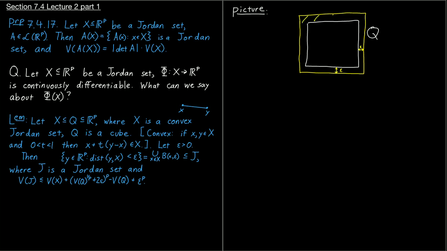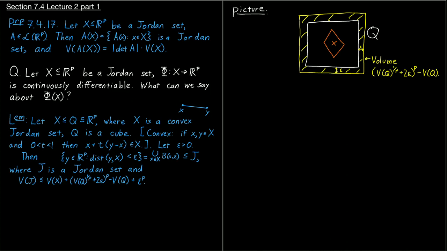And so this whole region has volume that annoying thing I wrote up at the top: the side length of Q plus 2 epsilon, it's a cube with that as its side length, so you take that to the pth power and subtract off the volume of Q.